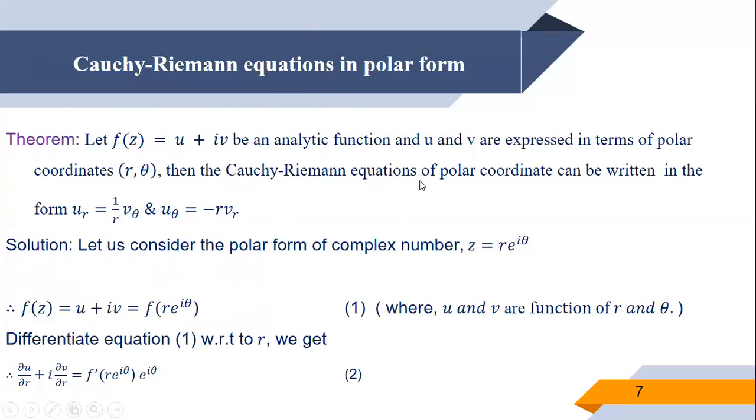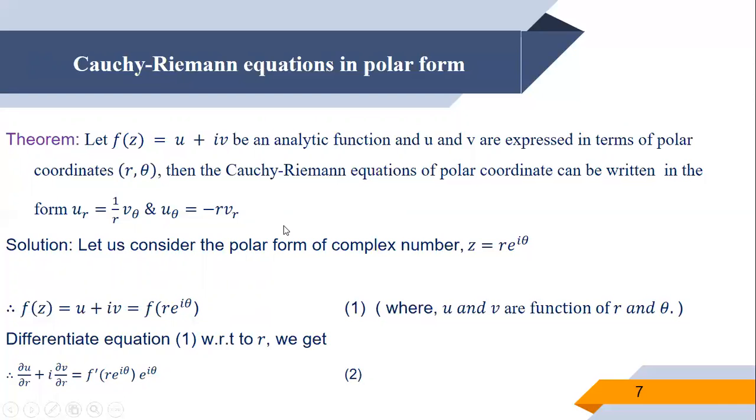Then the Cauchy-Riemann equation in polar coordinates can be written in the form ur is equal to 1 upon r v theta and u theta is equal to minus r vr. So indirectly we prove this; this is the Cauchy-Riemann equation of the polar coordinate.